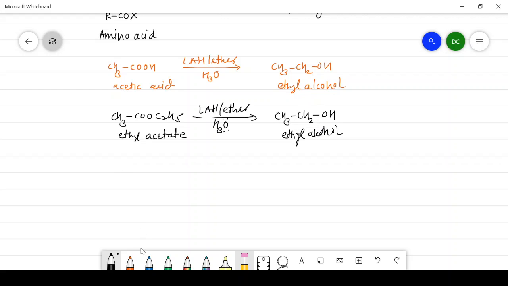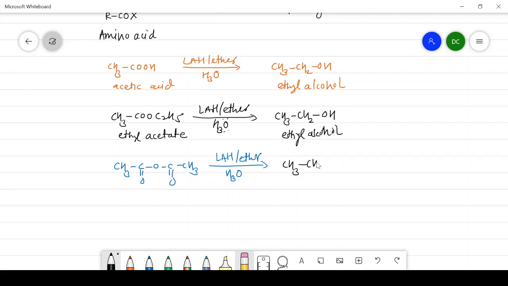Now we will take the example of anhydride, acetic anhydride, CO, then OCOCH3, lithium aluminum hydride, ether, then water. Just change this OCOCH3 group by OH and this CO group by CH2.